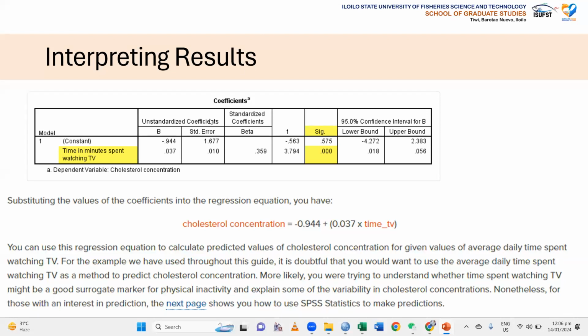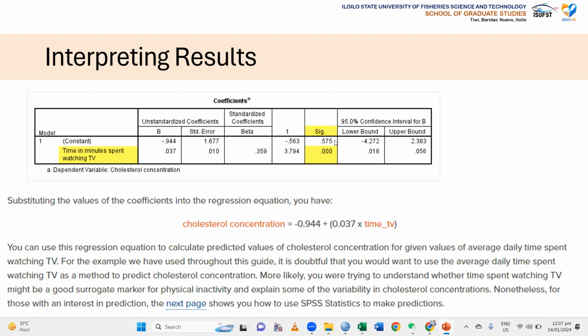Substituting these values of the coefficients into the regression equation, you have cholesterol concentration equals negative 0.944 plus 0.037 times time watching TV. So in this case, they still included the constant even though it is not significant. Depends.